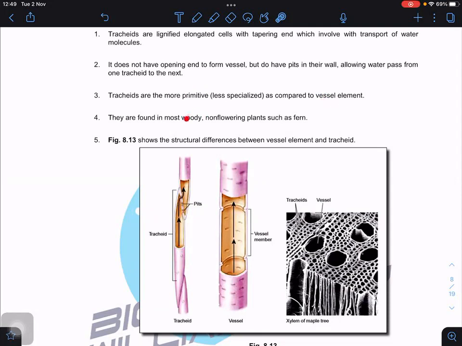In some woody plants and non-flowering plants such as ferns, you may see tracheids. Tracheids are much smaller in diameter compared to the vessel element, but they are the primitive type. What does primitive mean? It means that lower rank plants use tracheids. As the plants became bigger and larger, tracheids were too small to sustain them. So evolution took place, and plants developed the vessel element.